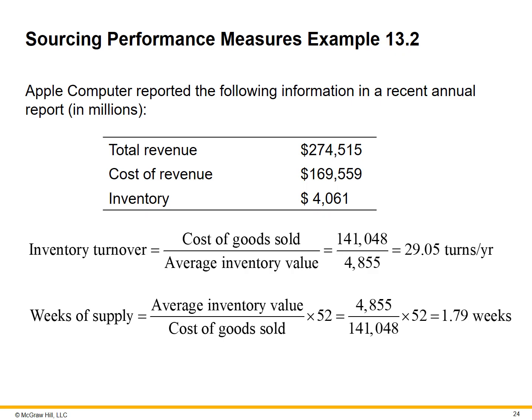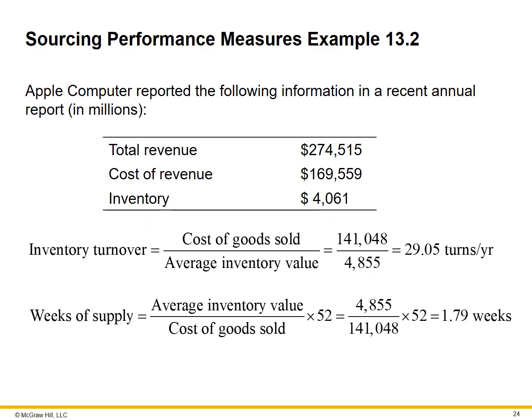Finish up. Here's my homework. Sourcing performance measures, inventory. There are three things you need over here: total revenue, cost of revenue, and the inventory. Cost of goods sold is one of the key numbers that you need to calculate this.